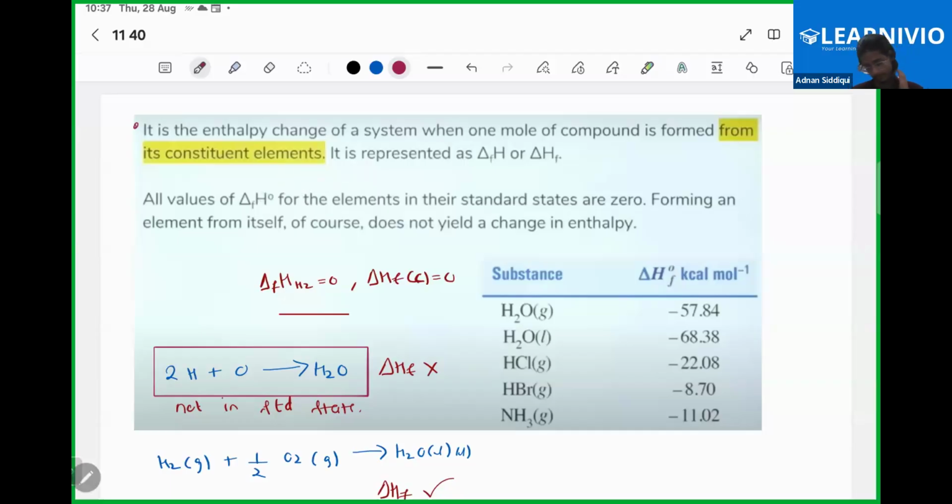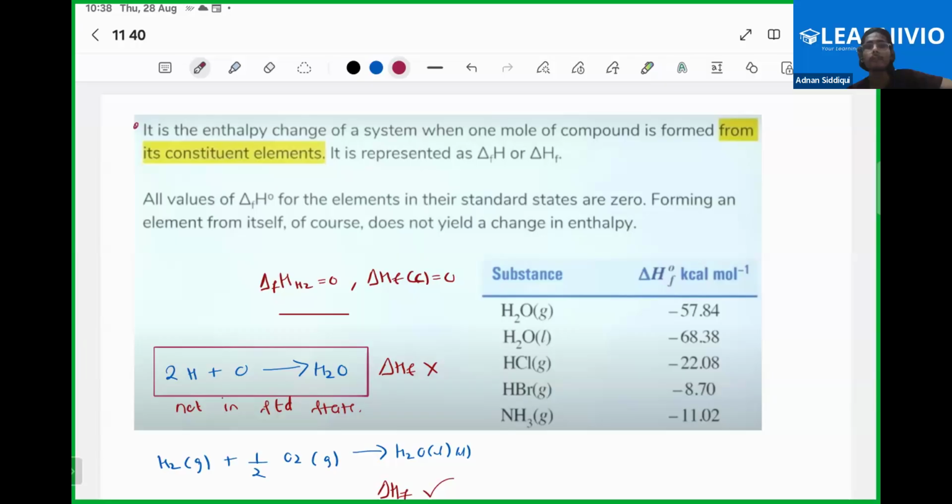Delta H naught for the elements in their standard states are zero. Forming an element from itself, of course, does not yield a change in enthalpy.